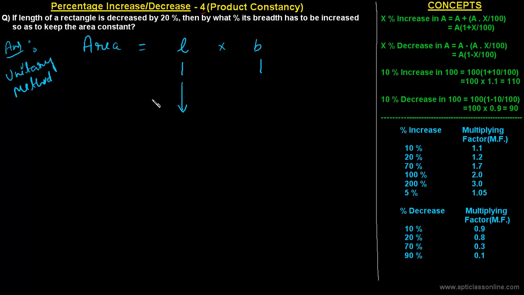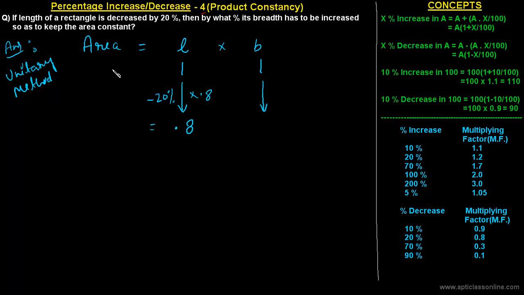So if 1 is decreased by 20%, that means the multiplying factor for the 20% decrease is 0.8. That means the next value we can get after multiplying the previous quantity with 0.8, so it will become 0.8. And breadth, that we have to calculate, we did not know, but we know that it has to change so as to keep the area constant.